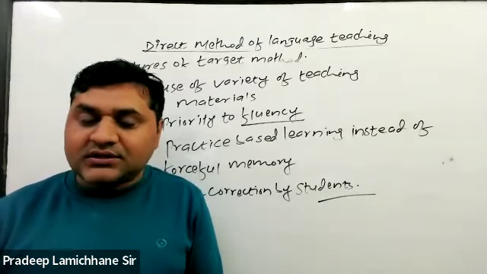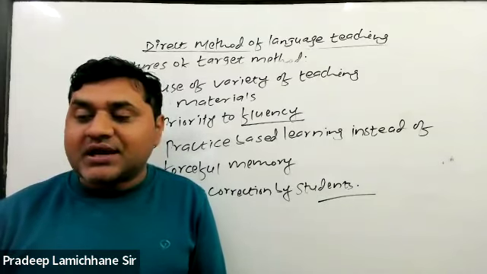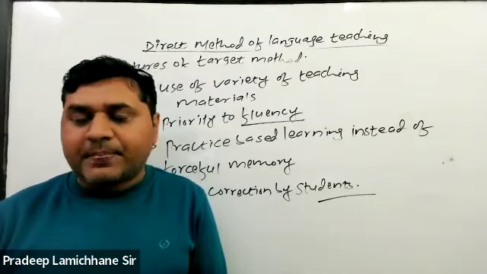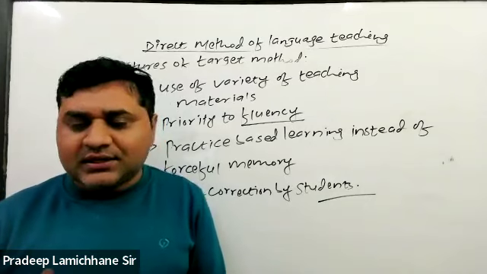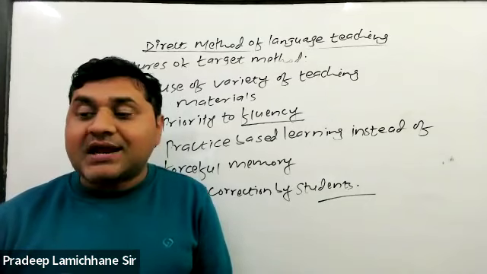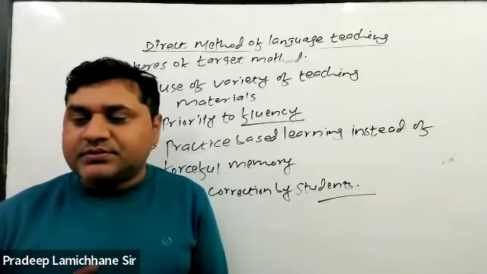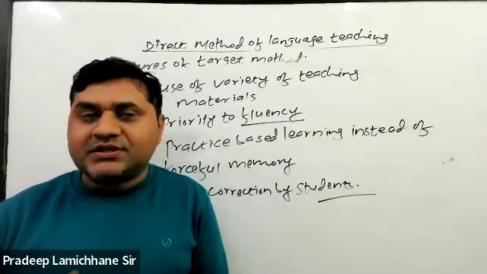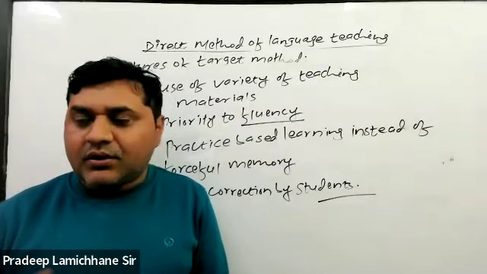Language learning is not creating a gap between literary language and ordinary language, because whenever we talk about grammar translation method, we say that it pays higher attention to literary language. Literary language is given over emphasis against ordinary language.